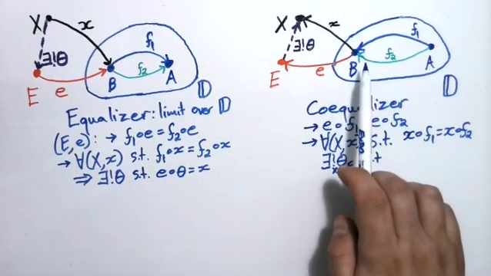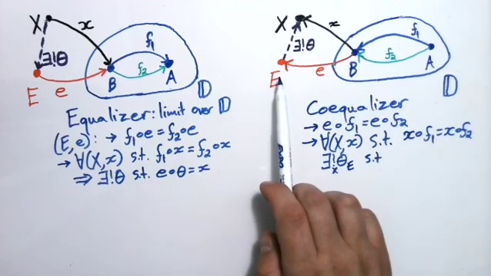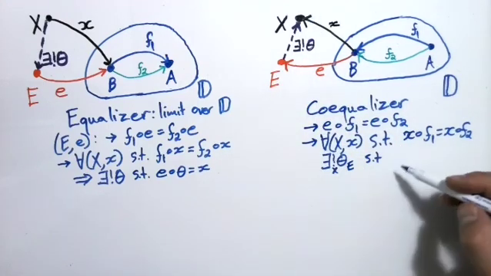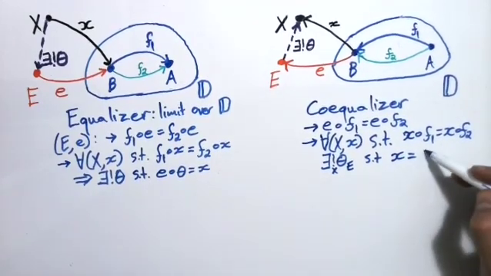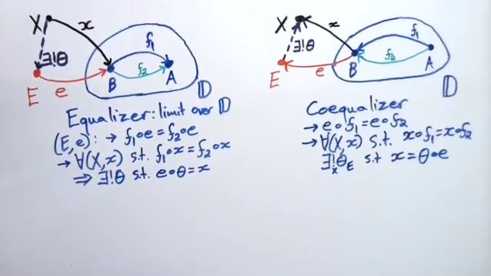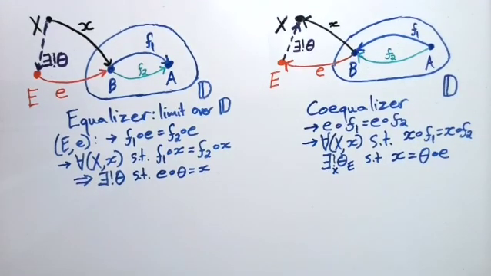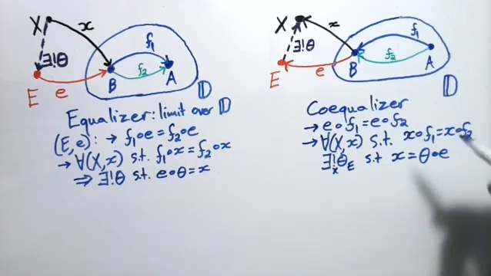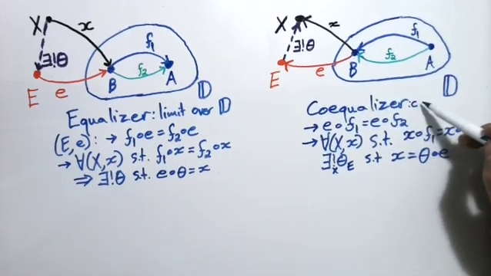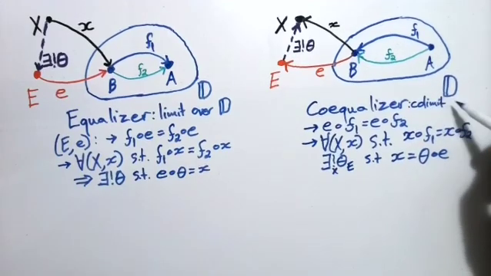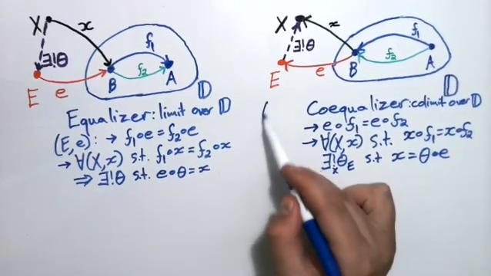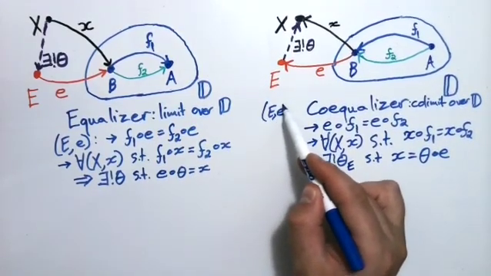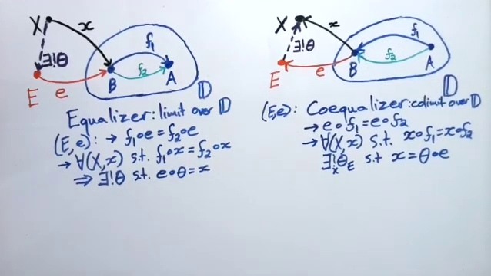But in this case, we're going first through our coequalizer and then through our mediating morphism. So we have X equals theta after E. And of course, if the equalizer is the limit over D, then the coequalizer similarly needs to be the colimit over D. And that's that same pair, E, E, except in this case, obviously, E goes in the other direction.